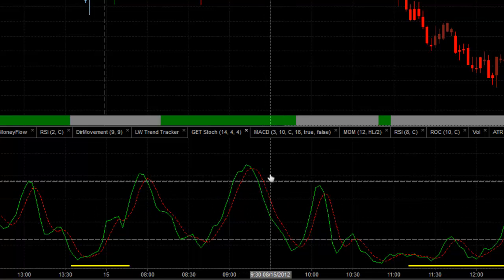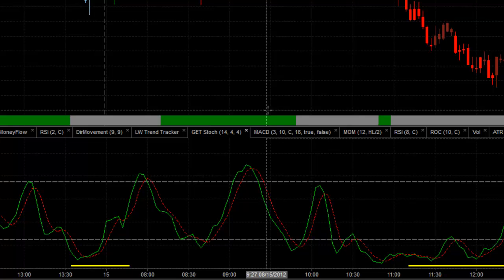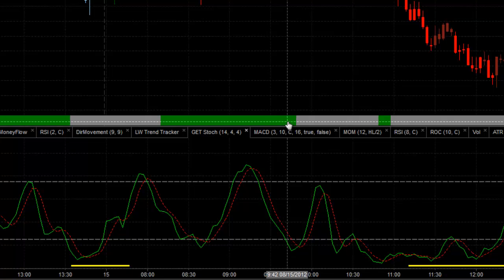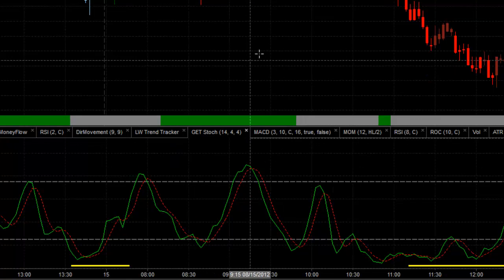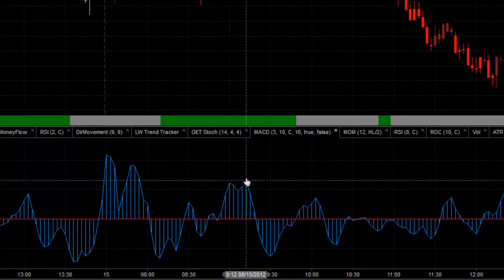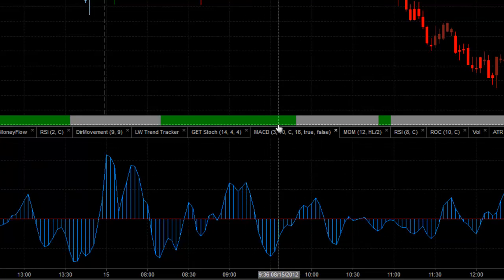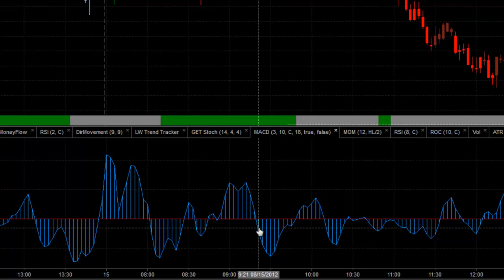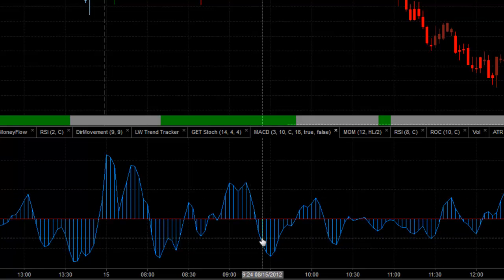So that's the opposite of what we looked at earlier with the stochastics, where we had crossed over the fast, crossed over the slow line in the low part of the indicator. All right, and let's look at MACD. MACD again, through this last part of the indicator, we are making lower levels of momentum.